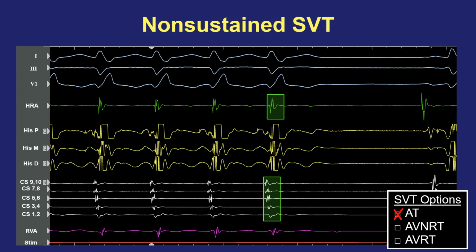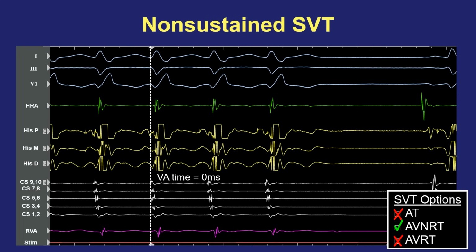And then why don't we think about the other lessons that we've learned and look, for example, at the VA time. Here, the beginning of the QRS to the earliest atrial electrogram is 0, which is less than 70 milliseconds. So we can actually, in this case, also cross off AVRT. Poof! Even though this was a spontaneous termination, we got it going, it stopped on its own. You might think, oh shoot, I need to get it reinduced so that I can figure out what it is.